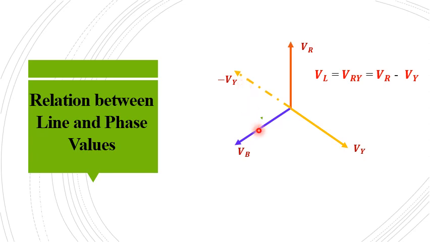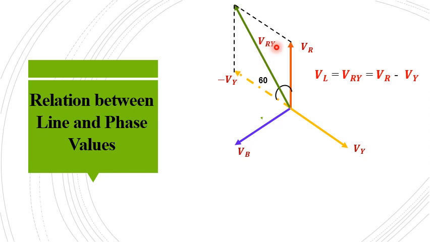We know that the angle between VR and VB is 120 degrees. Minus VY is passing through the center of VR and VB, so the angle between VR and minus VY will be 60 degrees. Then the resultant of VR and minus VY can be drawn like this, VRY.